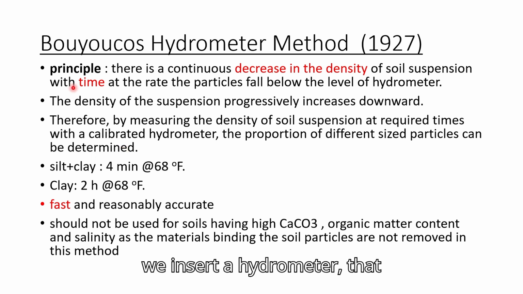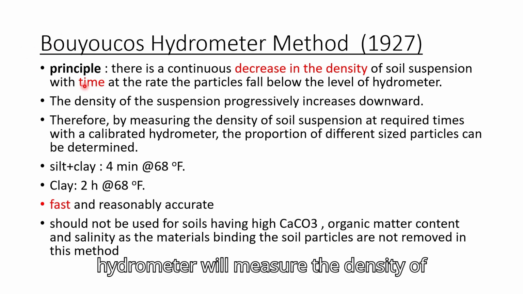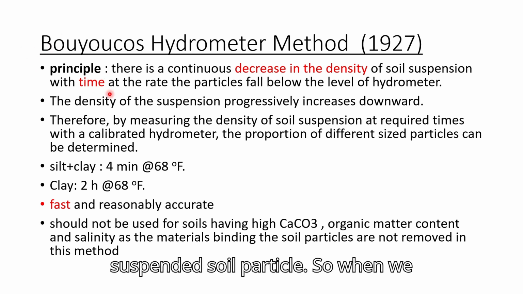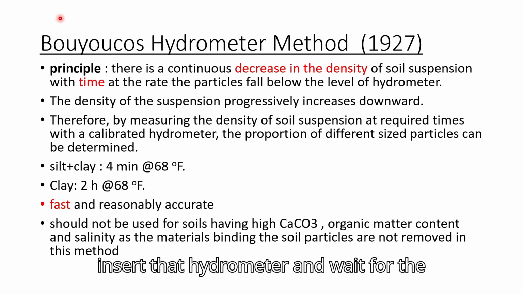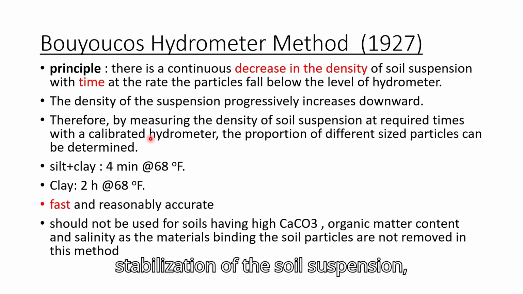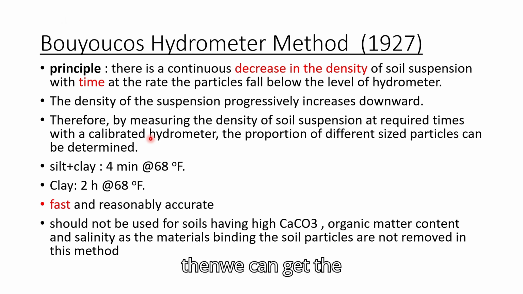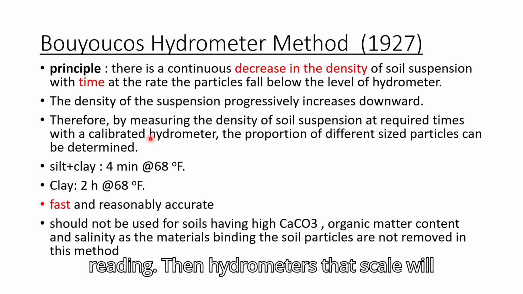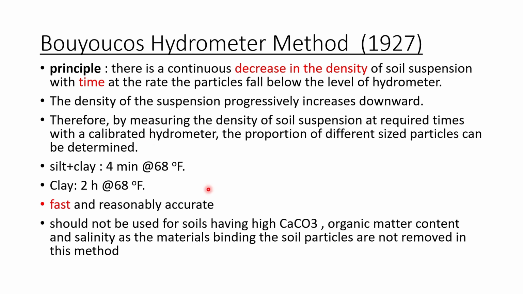When we insert a hydrometer, it will measure the density of the suspended soil particles. We insert the hydrometer, wait for the soil suspension to stabilize, and then the scale will indicate the reading.